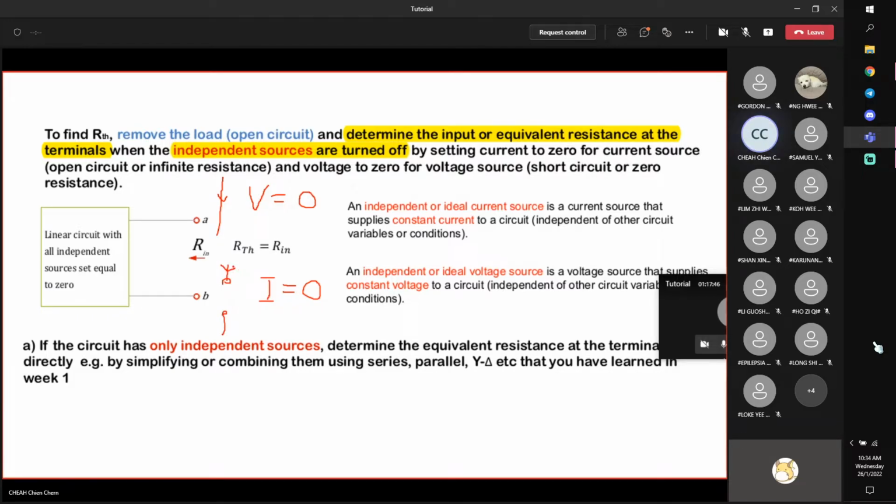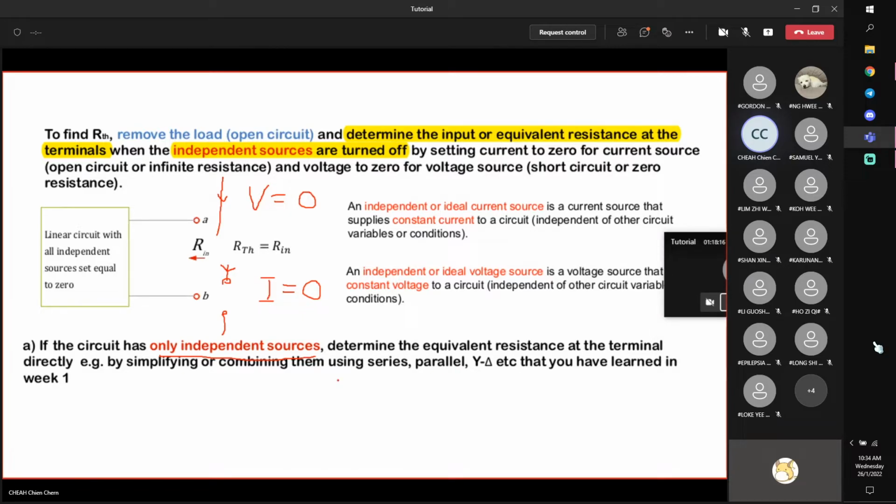If it's open, no current can flow through it, therefore the current will become 0. So it's very easy to remember. Just set it to 0, and figure out how you set it to 0. Voltage source short, current source open. If there are only independent sources, meaning no dependent or controlled sources, then it's very easy to determine the equivalent resistance.